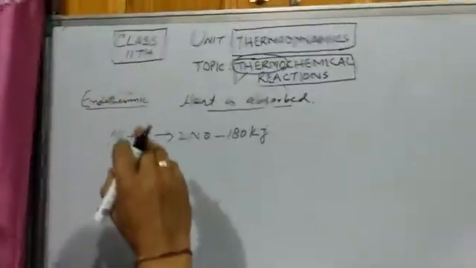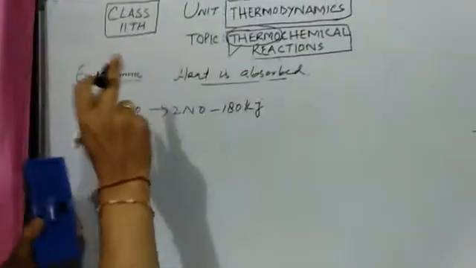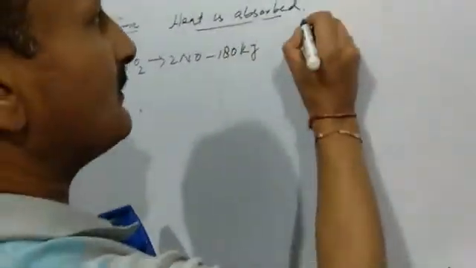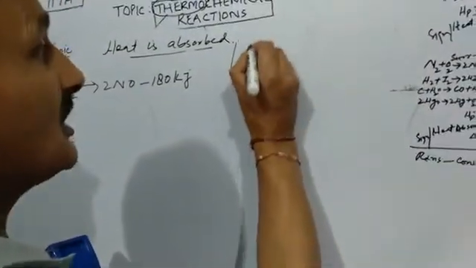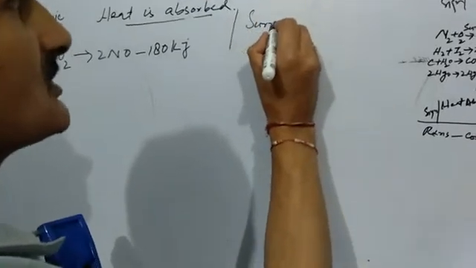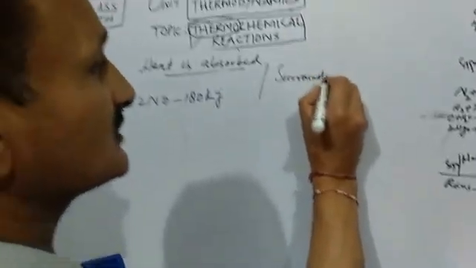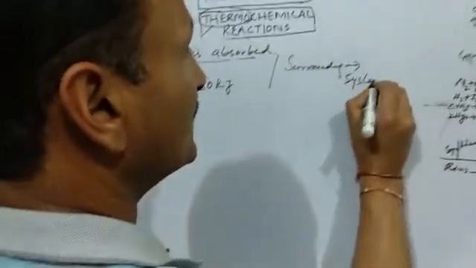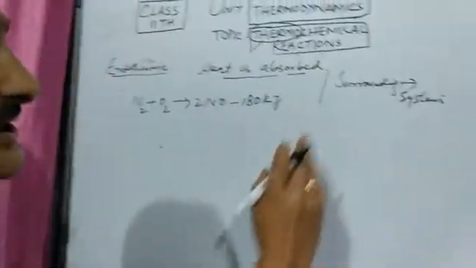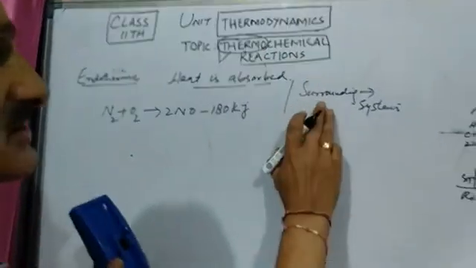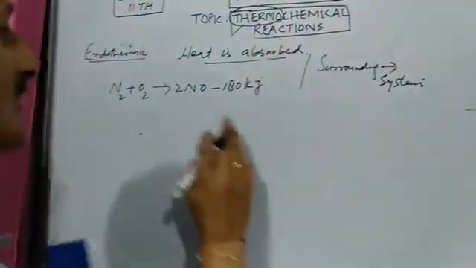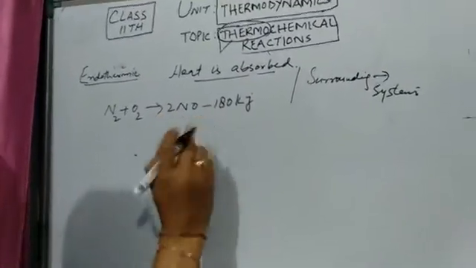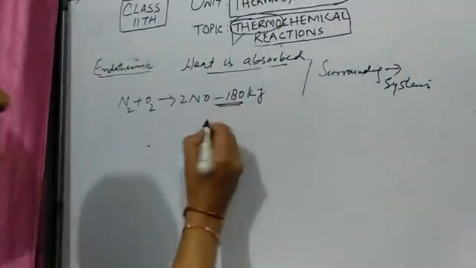In exothermic, heat was transferred from the system to the surrounding. Here heat transfers from surroundings to the system, reverse of the first case. So in endothermic reaction, heat transfers from the surroundings to the system, and the sign given to heat absorbed is always negative.